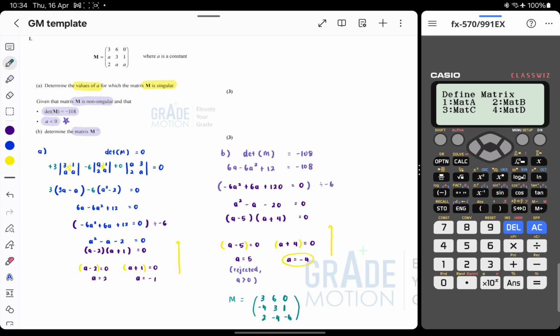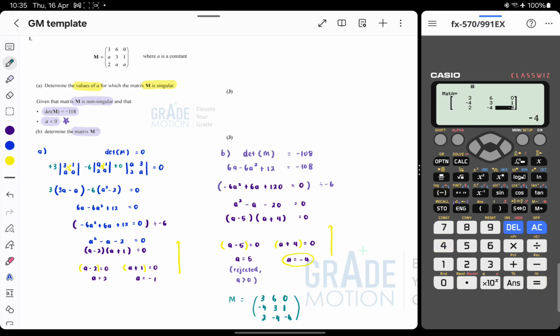We want to define the first matrix, matrix A, 3 rows and 3 columns. Let's start filling in the blanks: 3, 6, 0, negative 4, 3, 1, 2, negative 4, negative 4.